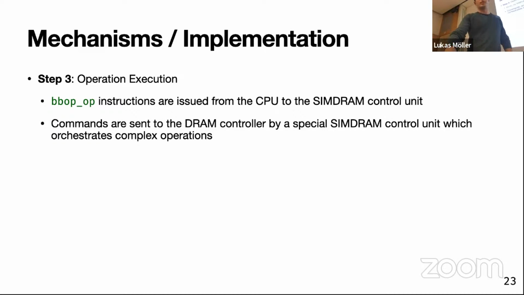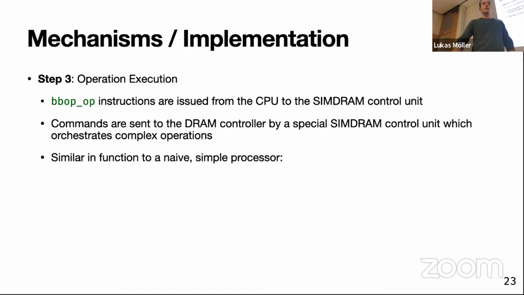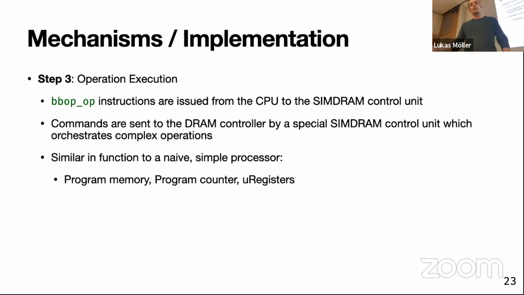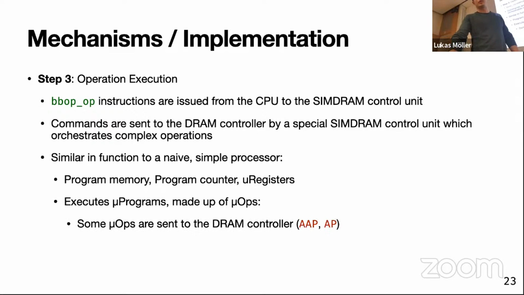And the SIMDRAM control unit then can issue commands to the memory controller and as such orchestrates the execution of the complex operation. The SIMDRAM control unit pretty much works like a naive simple processor. It has a program memory, it has a program counter, it has special micro registers, and it executes micro programs which are made up of micro operations.